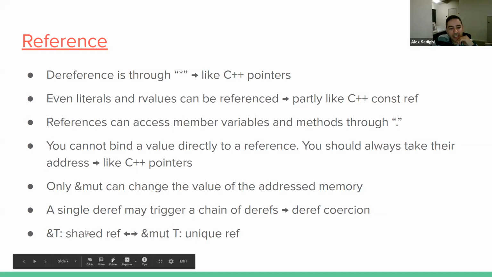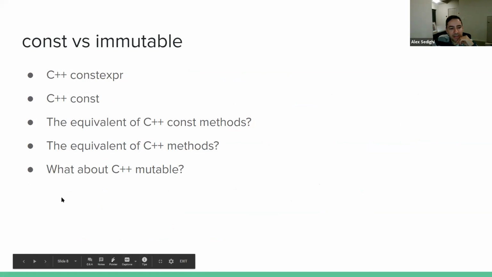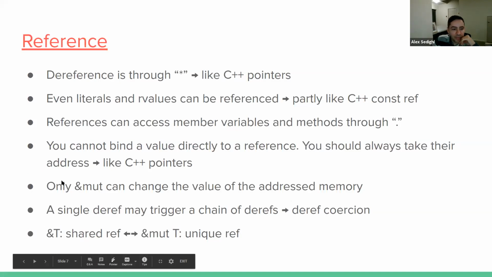And when you look a little bit deeper, you would see that the normal reference is more like a shared reference. And &mut should be called unique.